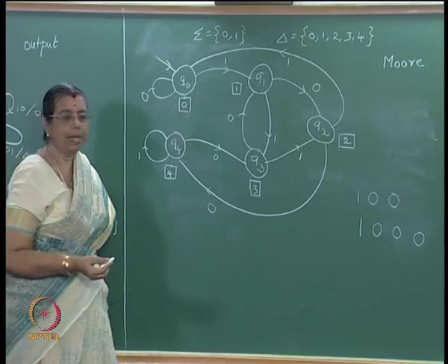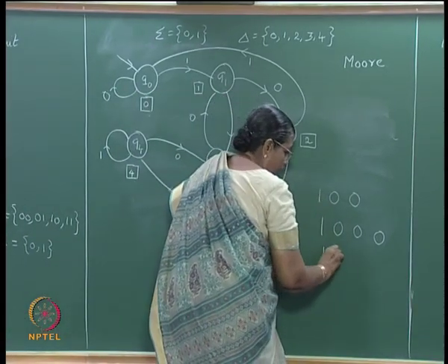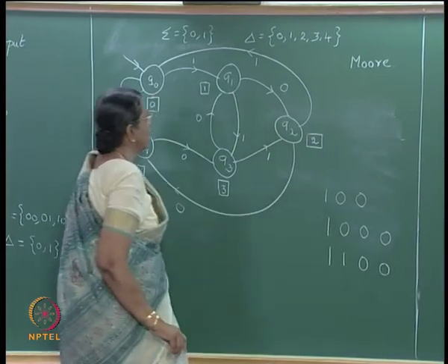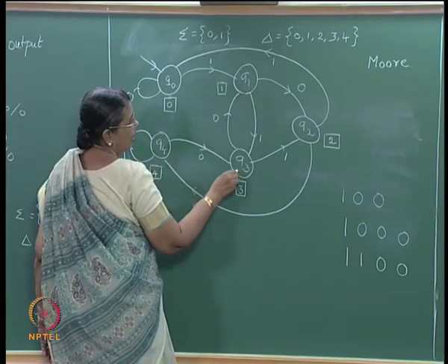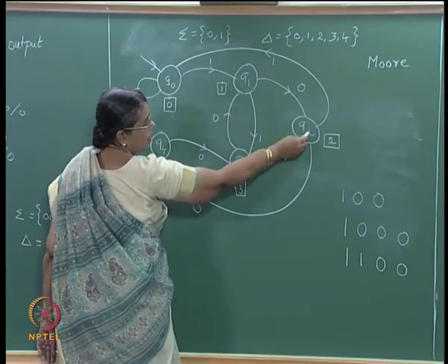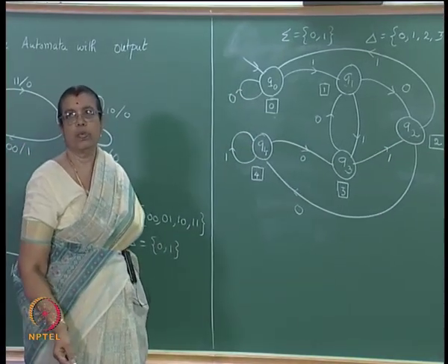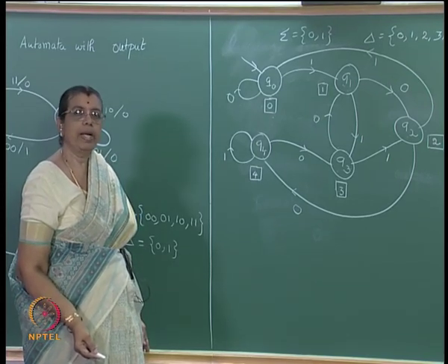Take some other number, 12. What is the representation for 12? 1, 1, 0, 0. See what happens? 1, 1, 0, 0. You reach state Q2 and output a 2. 12 divided by 5 gives you a remainder 2.